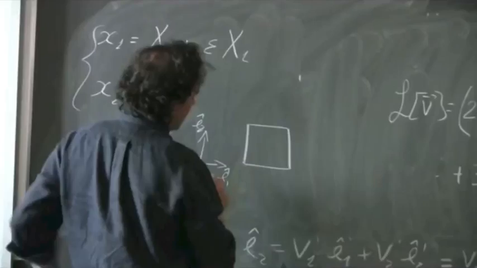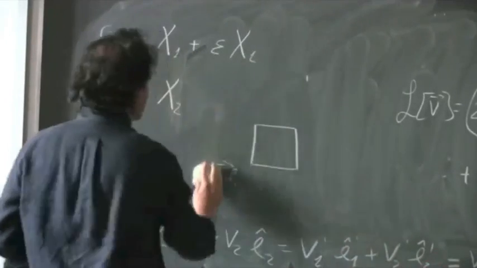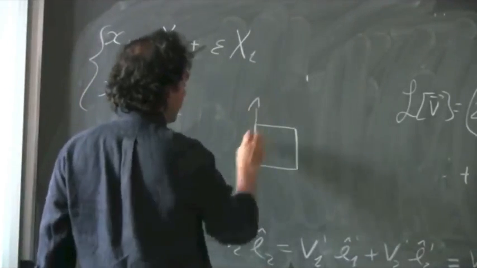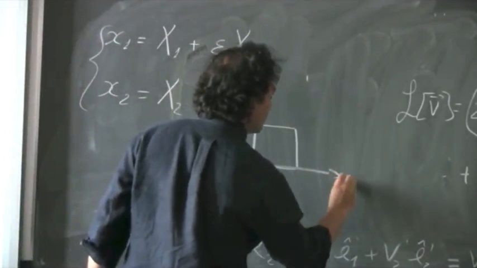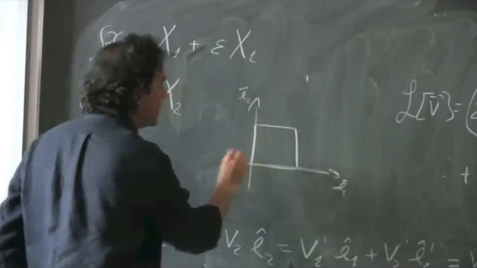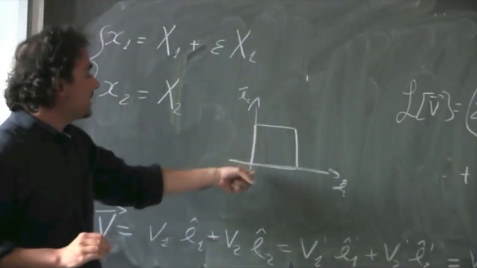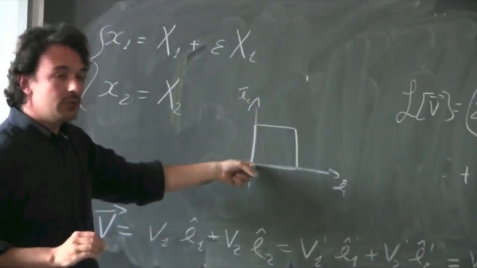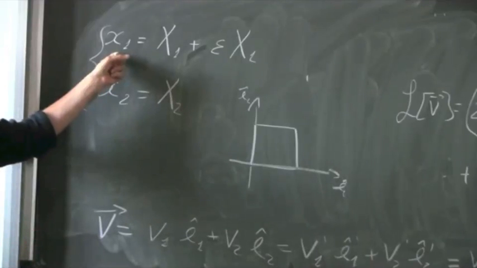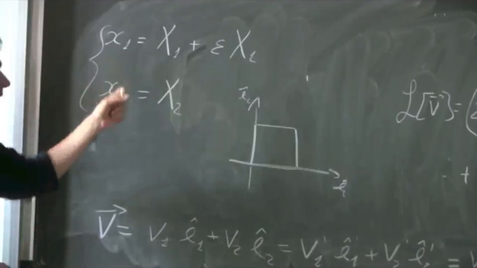If we also choose the origin here, for simplicity, this is E1, this is E2. These lines remain the same, because these lines have a coordinate x1 equal to 0, so at the end they also have the coordinate x1 equal to 0.